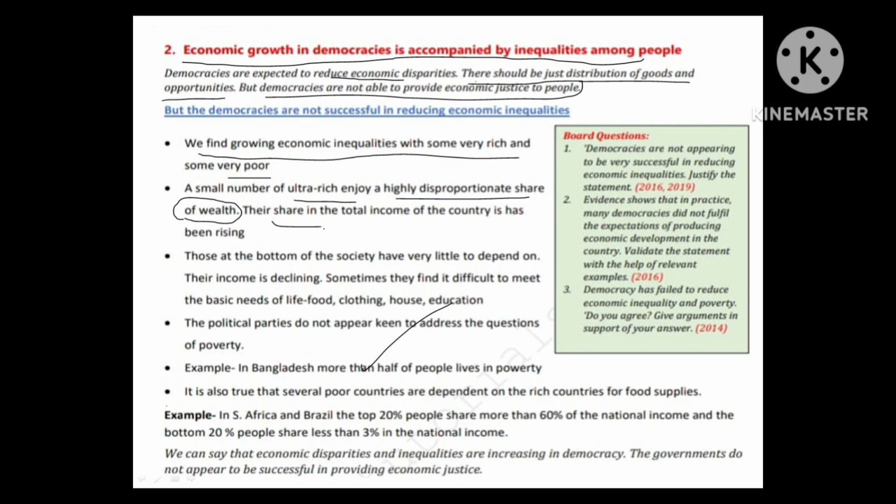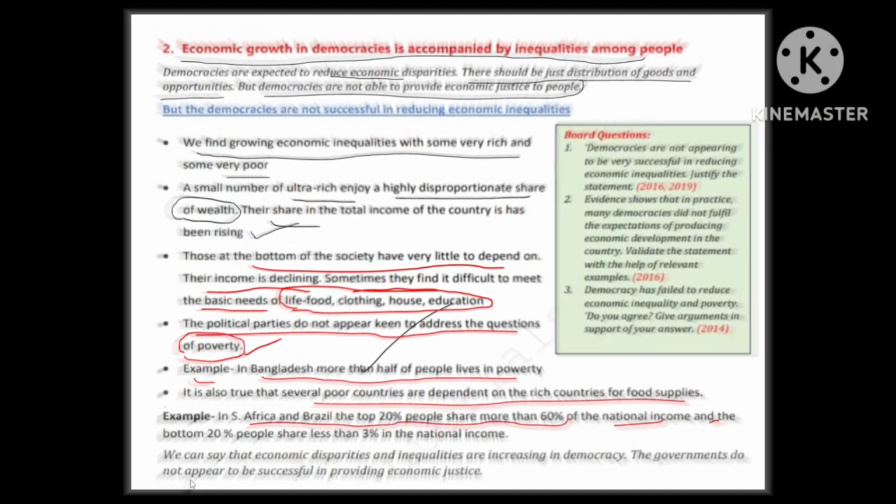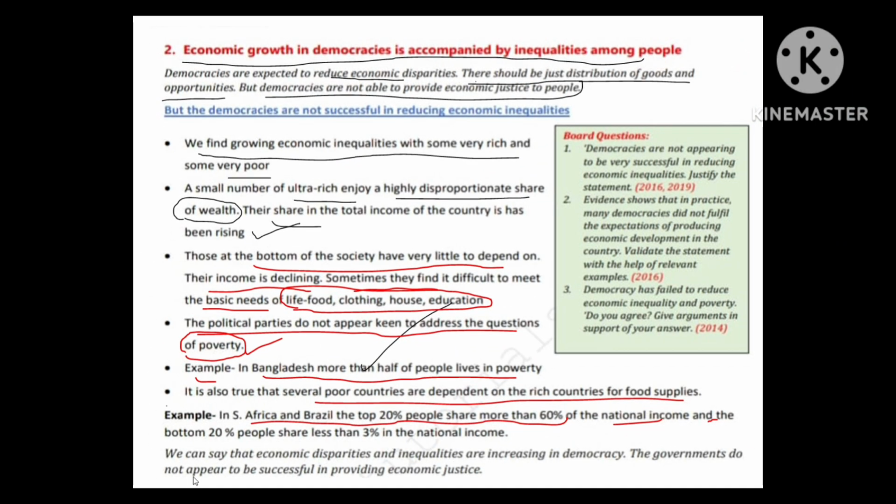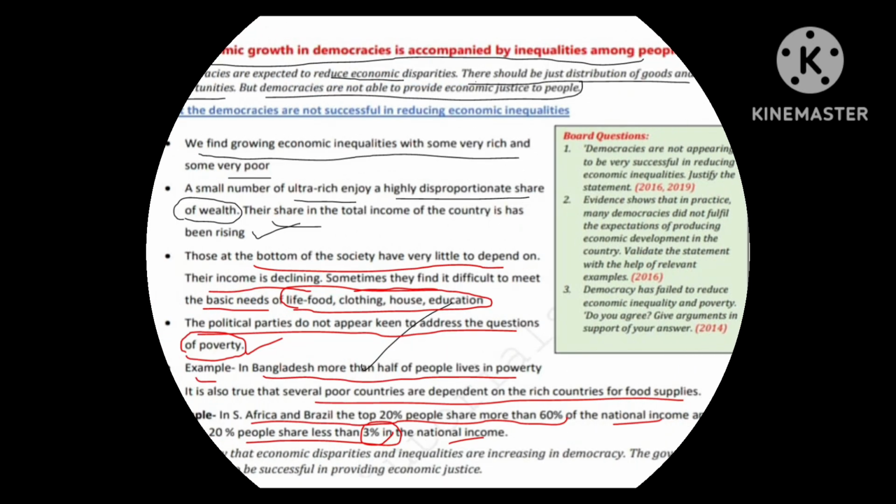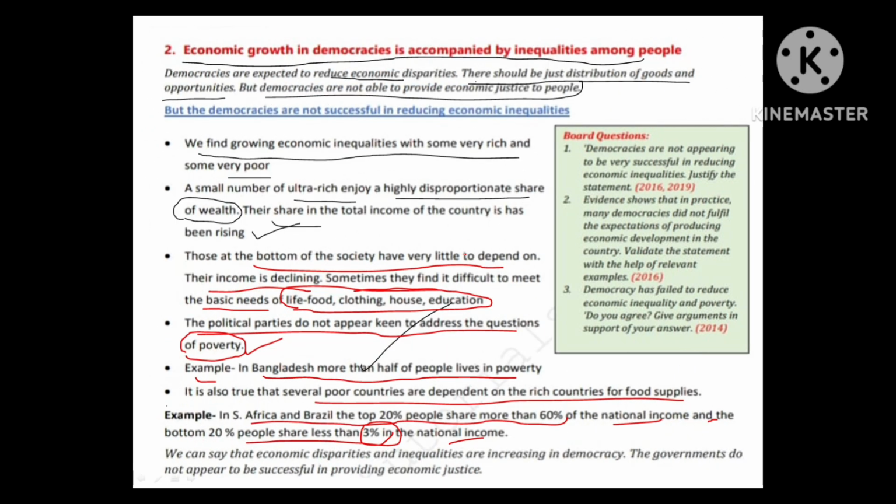All individuals have equal weight in electing representatives, and individuals are brought into the political arena on equal footing. But in the economic aspect, this is not possible. So we find growing economic inequalities, with some very rich and very poor: ultra rich and ultra poor.